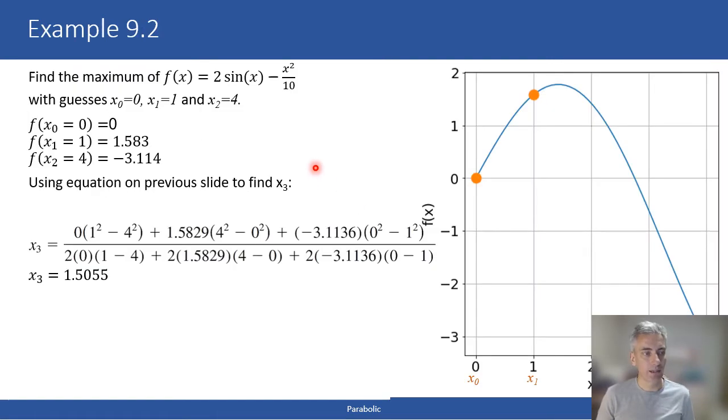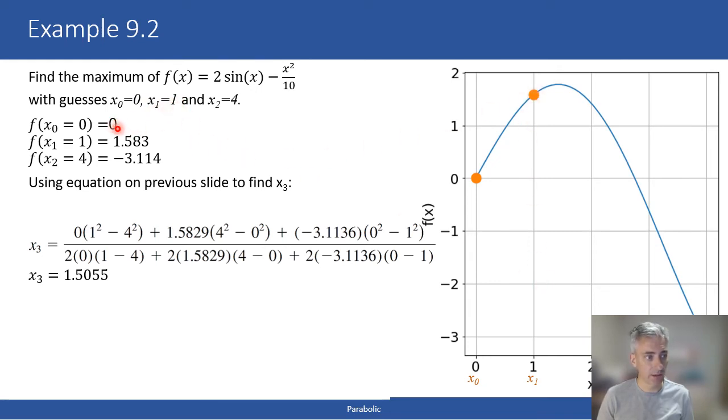So let's apply the parabolic method to the same equation that we used before for the golden section method, which is 2 sine x minus x squared over 10, and it's plotted here. And we will take the lower bound and the upper bound, and we'll also choose a point x1 equals 1, which is this position.